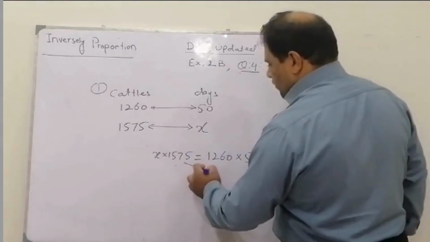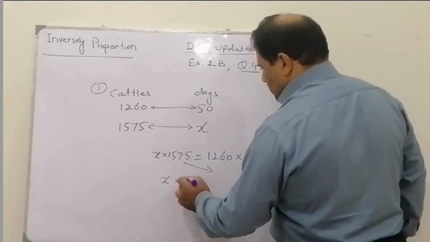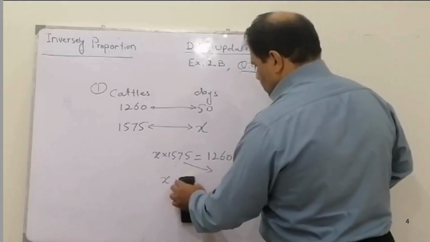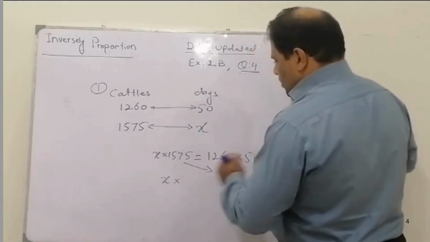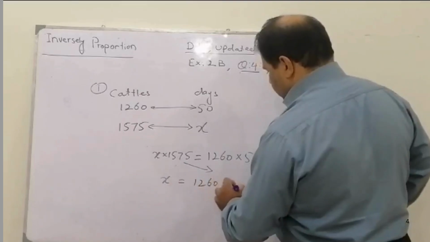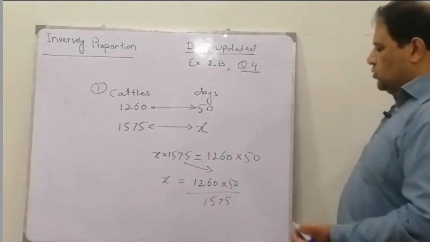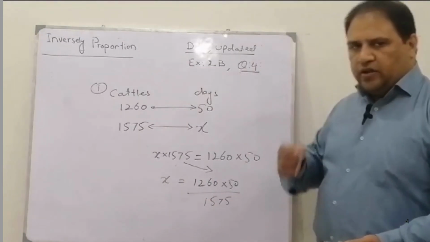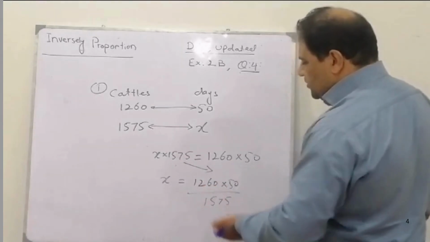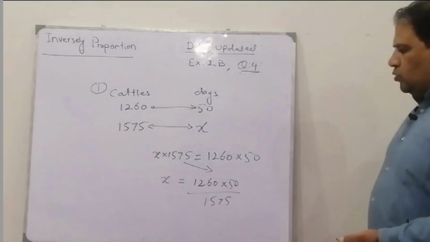We will move this to the other side. This is 1260 multiplied by 50 divided by 1575. Now you can solve by the method of cancellation. Because these values seem a little confusing, you can use the calculator to find the values.